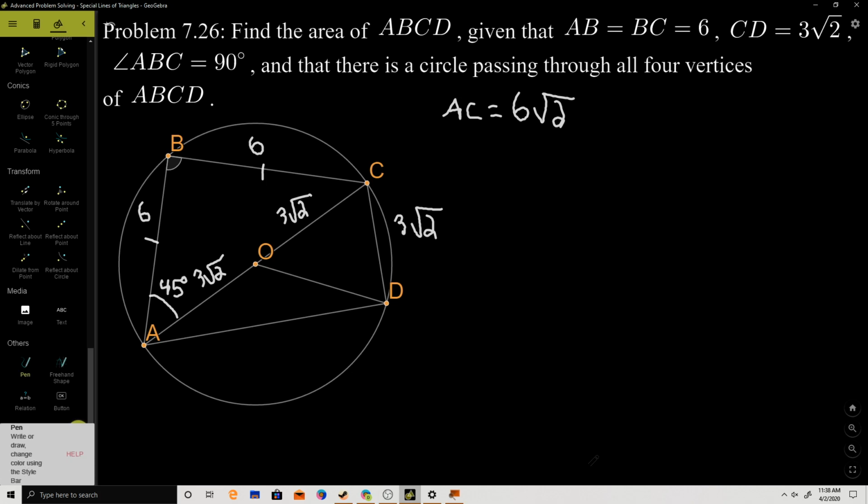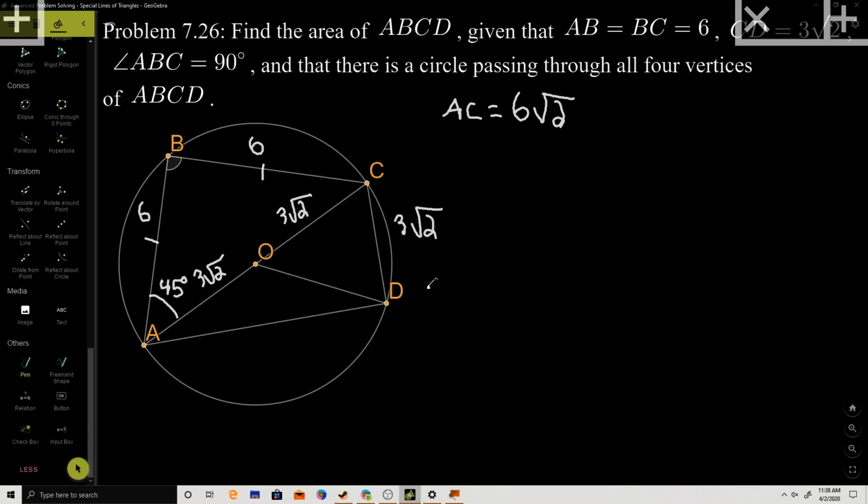Well, what do I know? Can I figure out what OD is? Well, sure. OD is the radius of the circle. And we just said that the circumradius is 3 square root of 2. Which means that this is an isosceles triangle. Which means that all the angles are 60 degrees. So we have 60 degrees here.